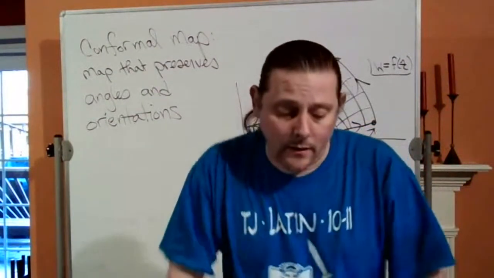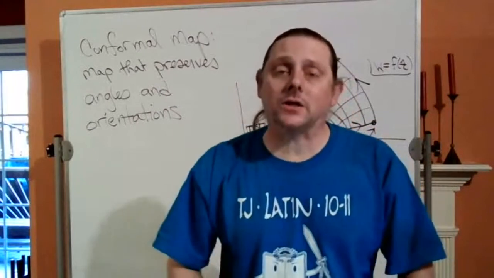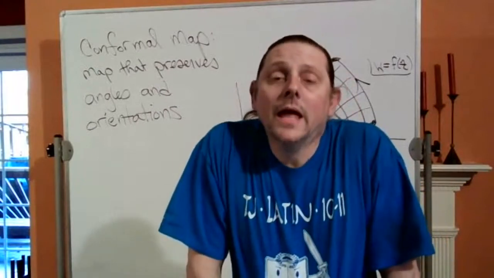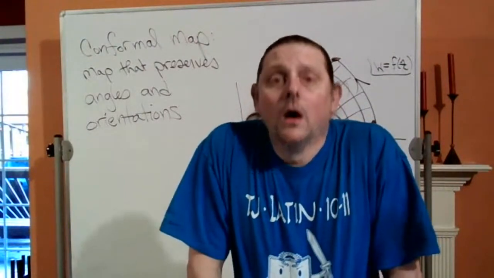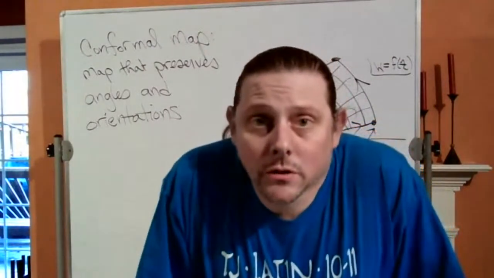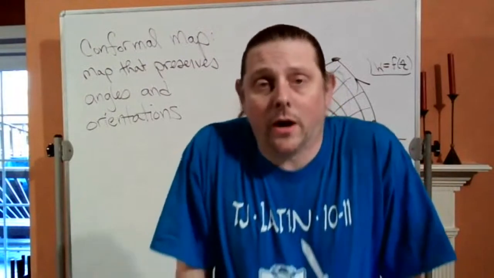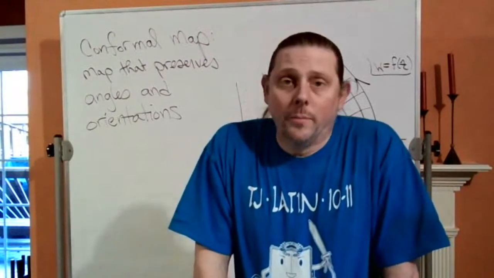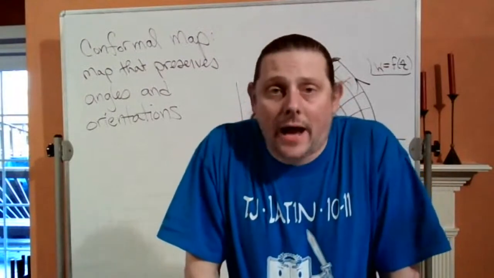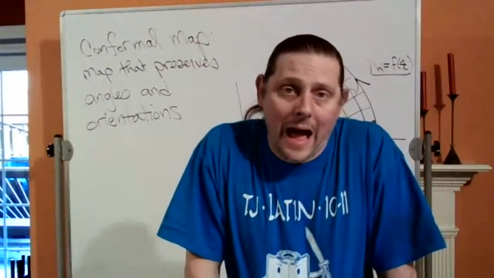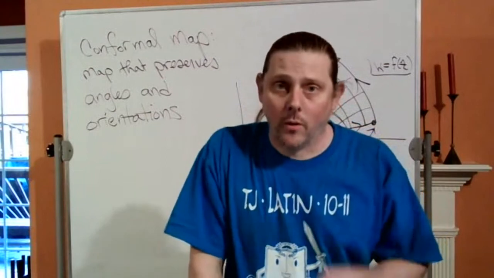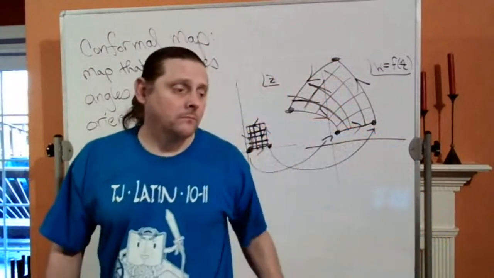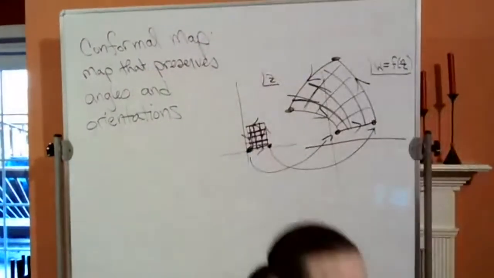So that would represent a mapping that's not conformal. If it maintains the angles, but it reverses the orientation everywhere, then it will be referred to as an anti-conformal map, the opposite of conformal. All right?